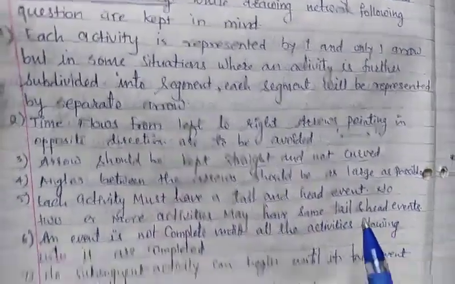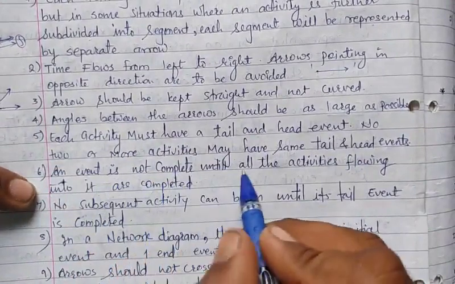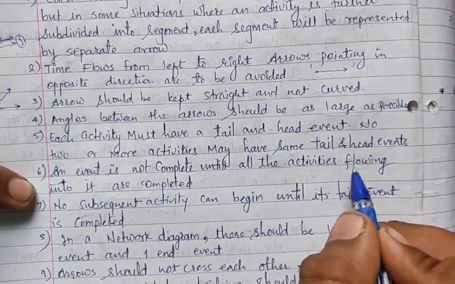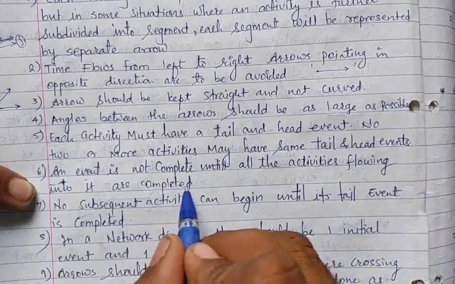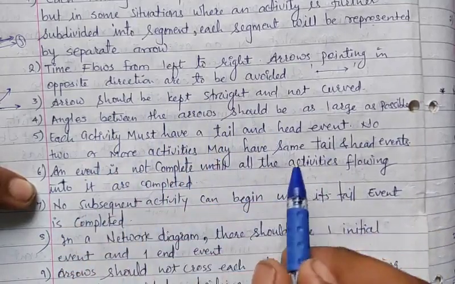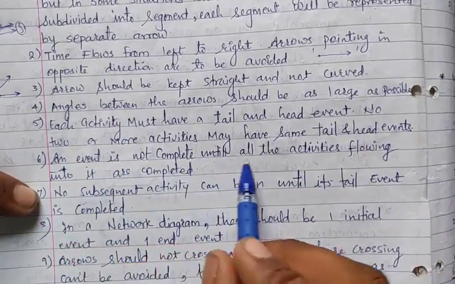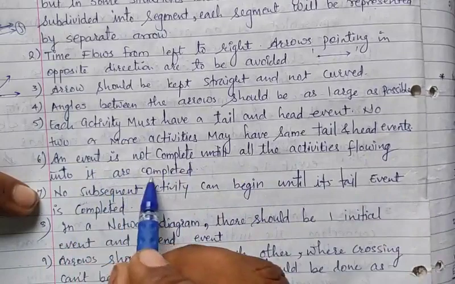Now sixth number is an event is not complete until all the activities flowing into it are completed. Means what? If all activities are completed, then our graph will be complete.